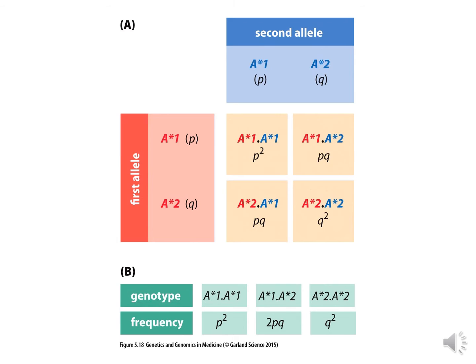In A, we can first construct a matrix of all possible pairwise allele combinations, whose frequencies are simply the products of the frequencies of the two alleles.